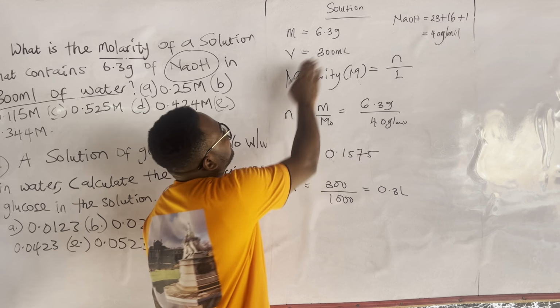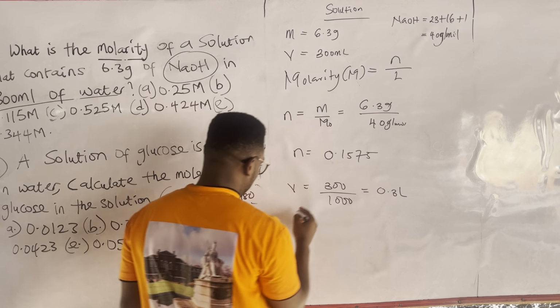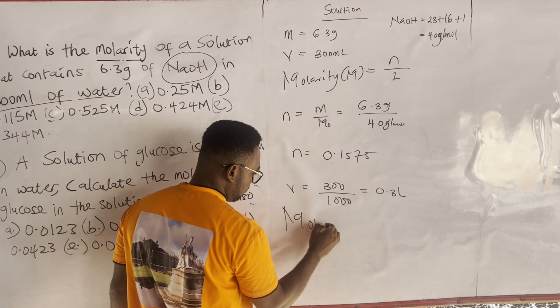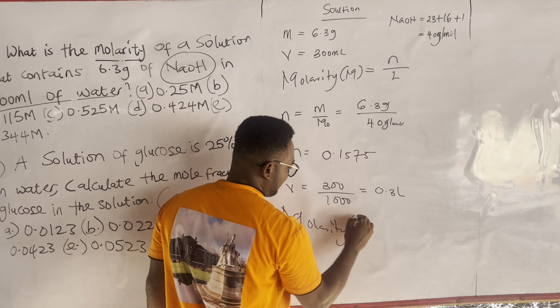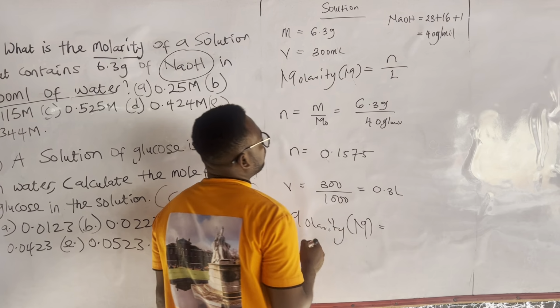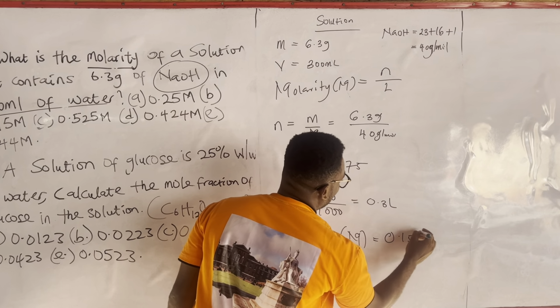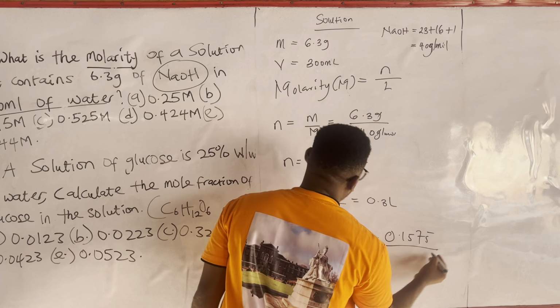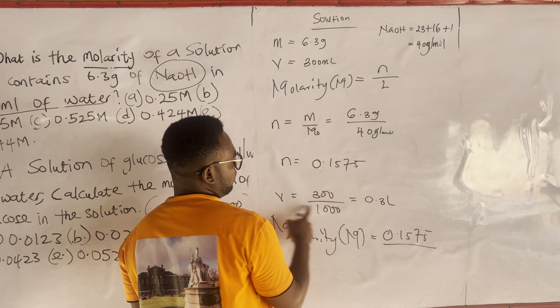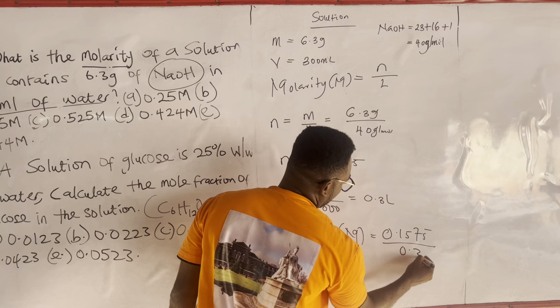So if you put everything now in the formula to get molarity, we have molarity, capital letter M, equals number of mole, 0.1575, divided by liters of solution, by 0.3.